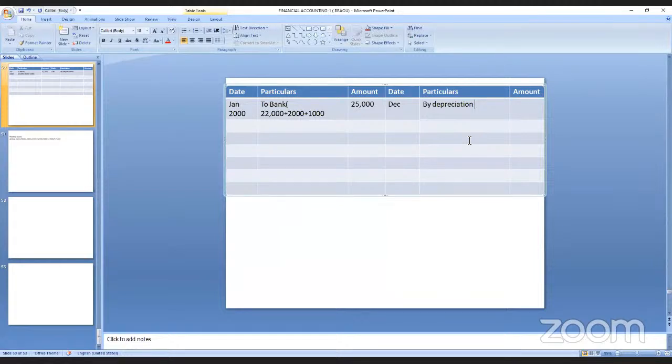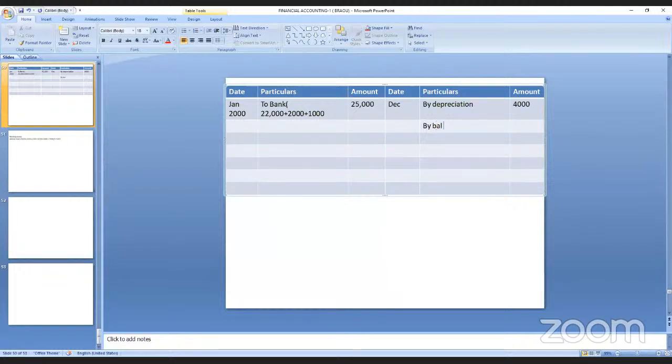From the 25,000, you minus the scrap value. How much is the scrap value? 5,000. So from 25,000, if you minus 5,000, what is the amount? Divided by 5. Yes, it is 4,000.